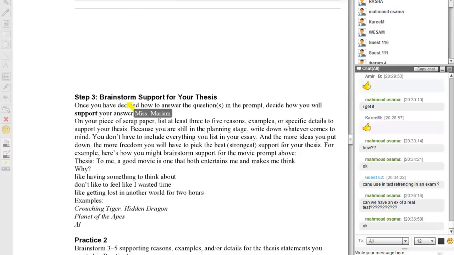Brainstorming is a method to make this plan. Once you have decided how to answer a question in a prompt, decide how you will support your answers. Are you going to talk about causes, or why you agree, or why it's a good habit? Are you going to hold an argument?